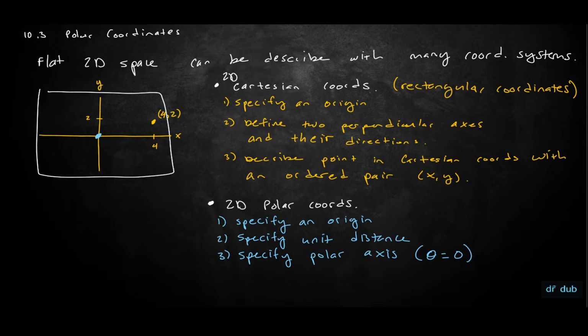Our polar axis is going to be along the positive x-axis. That's what we call theta equals 0 radians.